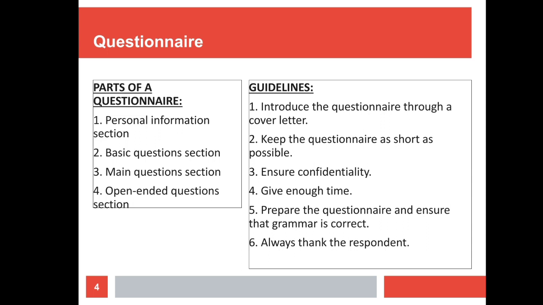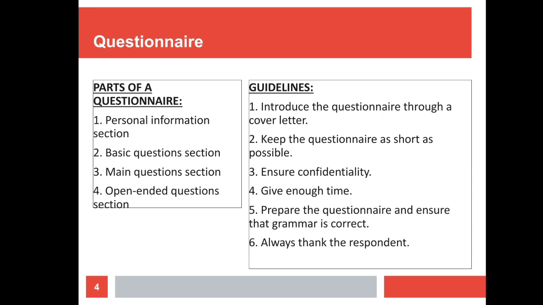The open-ended question is, for example, what would you recommend? Those kinds of questions. Are there any other things that McDonald's needs to improve on? So you write down the things that they are asking you for.